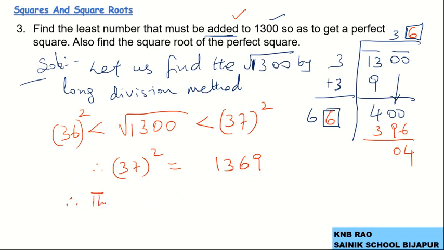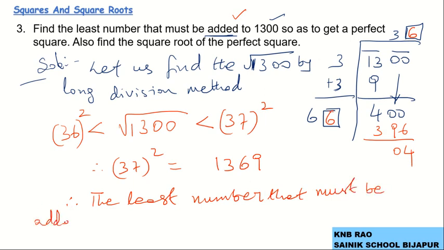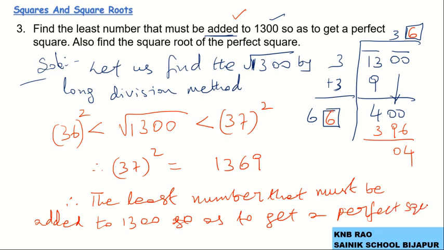So, the least number that must be added to 1300 so as to get a perfect square is 69, and find the square root of that perfect square.